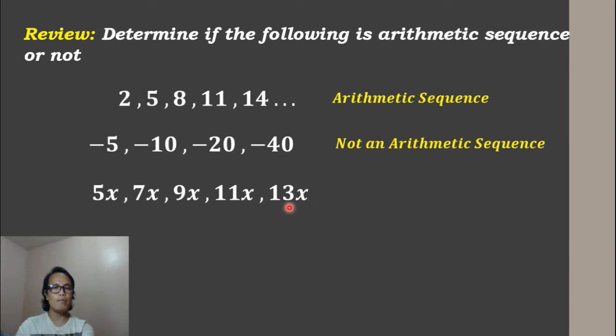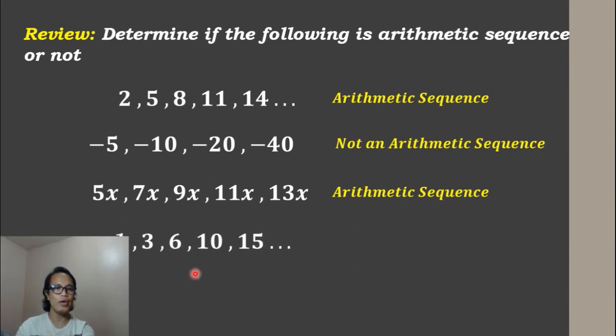To check if this is an arithmetic sequence, we subtract 13x minus 11x, that is 2x. Then 11x minus 9x is still 2x. 9x minus 7x is 2x, and 7x minus 5x is 2x. So we have a constant common difference, which is 2x. That means this sequence is an arithmetic sequence.